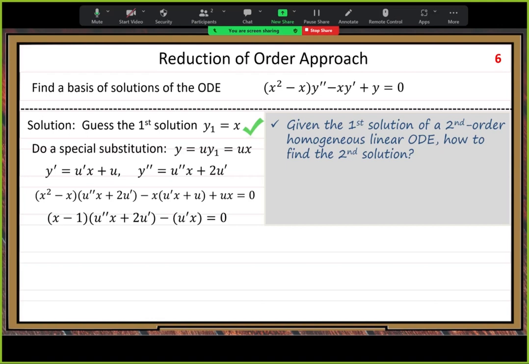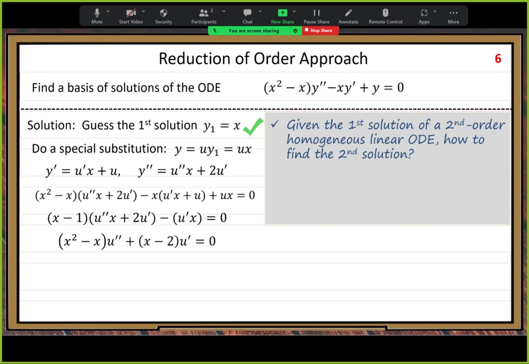But the ux term cancels out. You can see the ux term cancels out, because of minus x times u. It's gone. So we have a simpler one. We do further simplification and we get this new equation, a second order homogeneous linear ODE.